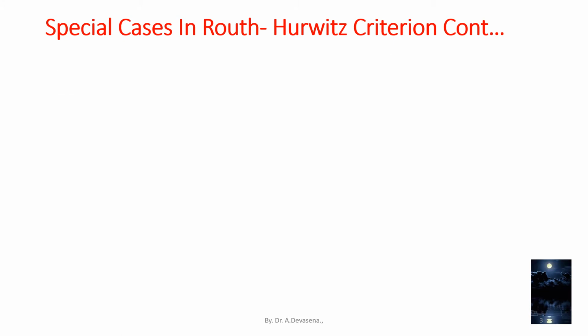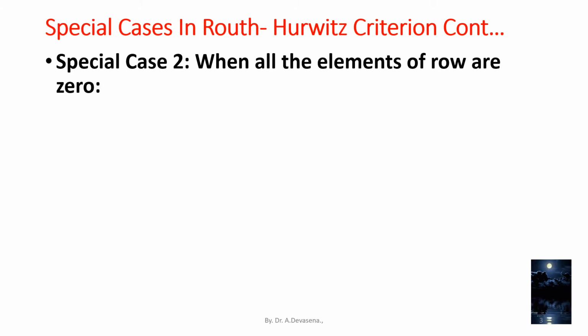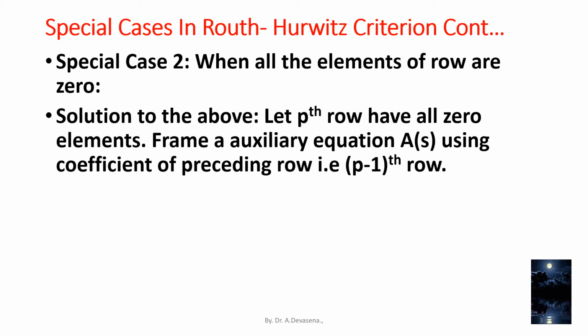Special case 2: when all the elements of a row are 0. Solution to the above: let the pth row have all 0 elements. Frame an auxiliary equation A of s using the coefficients of the preceding row, that is the (p minus 1)th row.